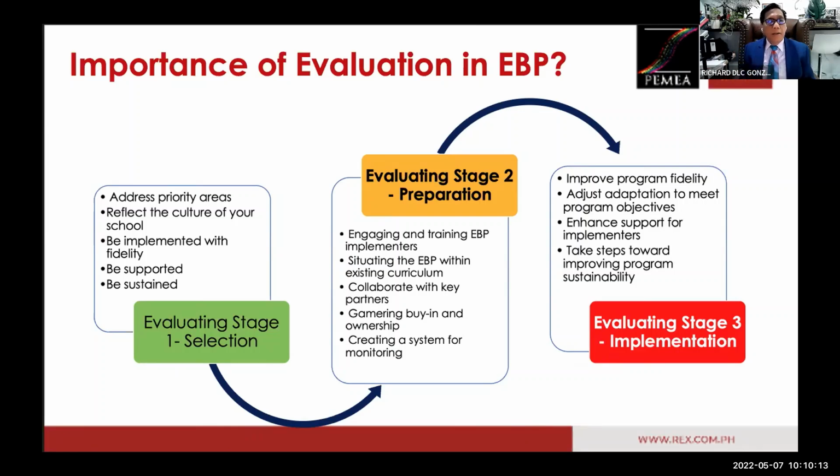So you have here evaluating stage 1, which is the selection. During this stage, you need to address the priority areas. You have to reflect the culture of your school. It will be implemented with fidelity, given the requirements and constraints on teachers and administrators. It will be supported within your school budget, and most importantly, it will be sustainable.